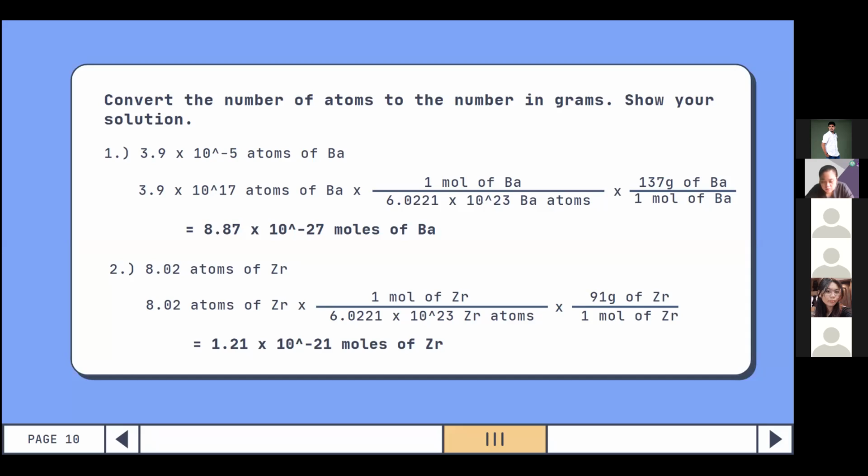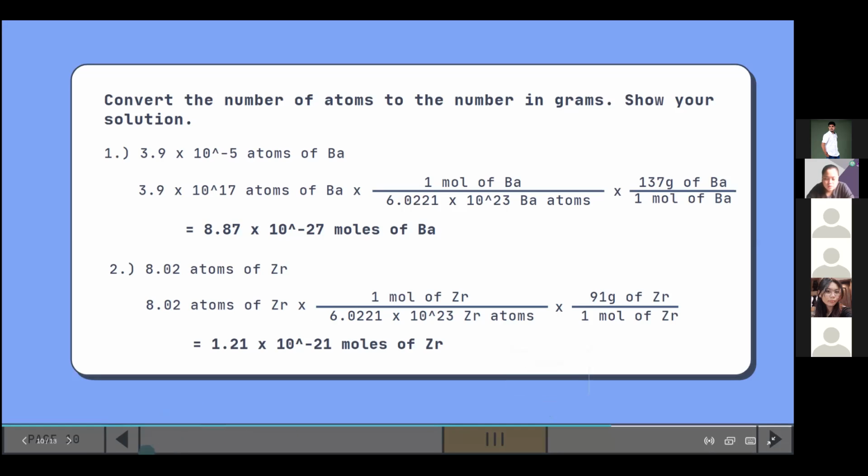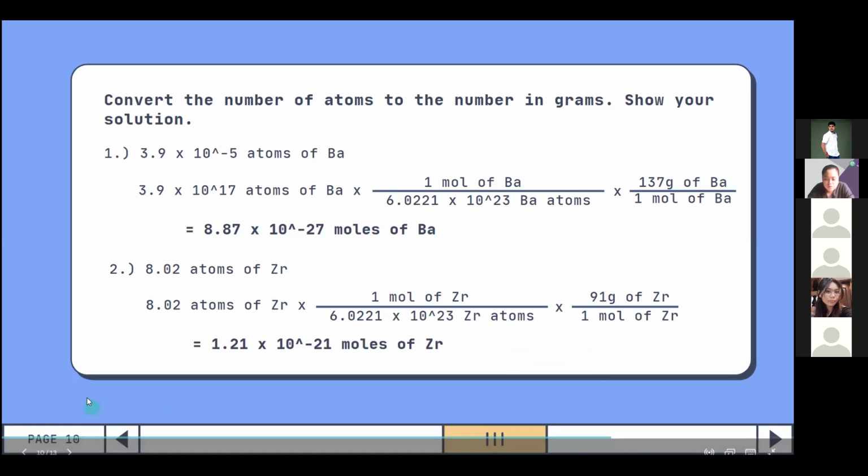Okay, for number 2, the given is 8.02 atoms of zirconium. For the solution, 8.02 atoms of zirconium times 1 mole of zirconium over 6.0221 times 10 raised to the power of 23 zirconium atoms times 91 grams of zirconium over 1 mole of zirconium. The answer is 1.21 times 10 raised to negative 21 moles of zirconium.